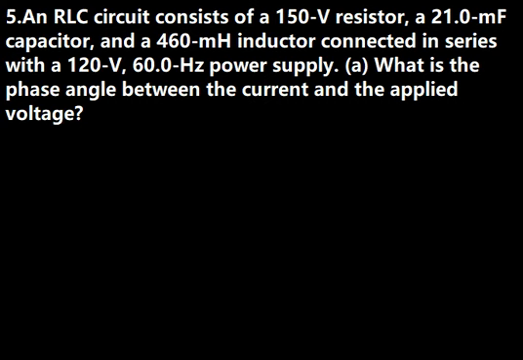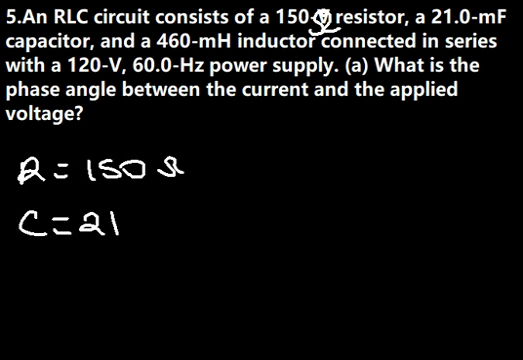An RLC circuit consists of a 150 ohm resistor. This is the resistor, which is given as 150 ohms. And a capacitance which is given as 21 times 10 to the power negative 3 farad.